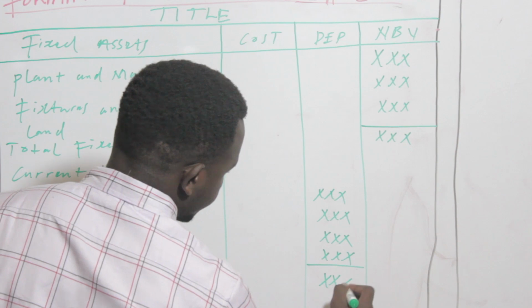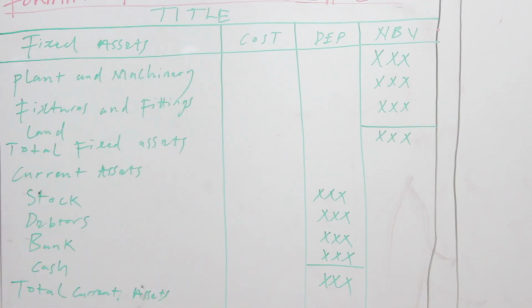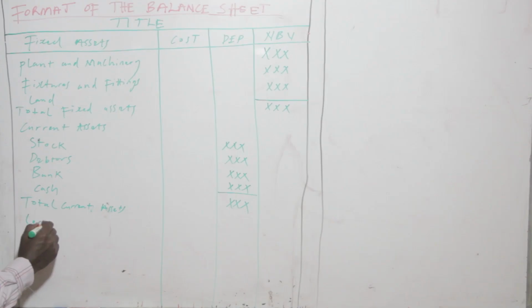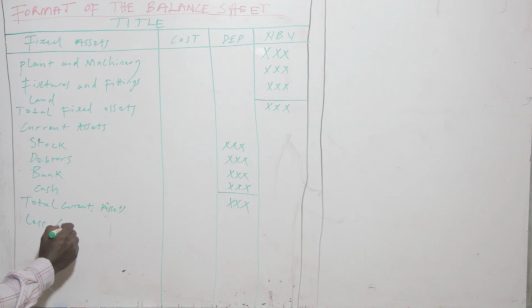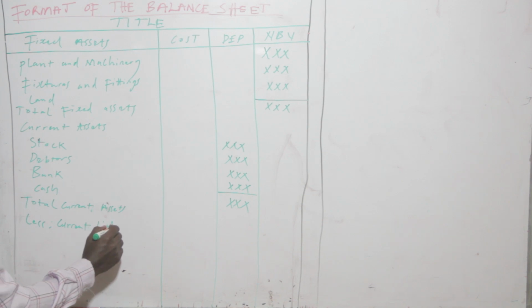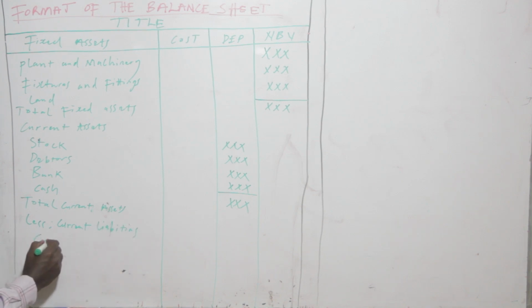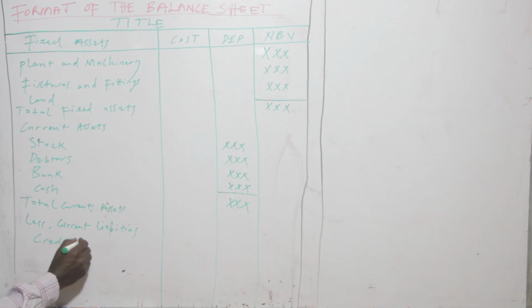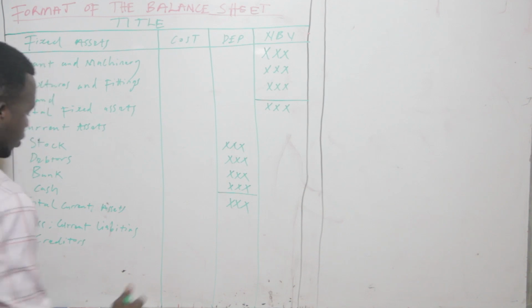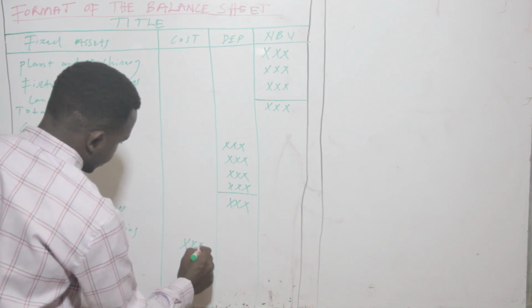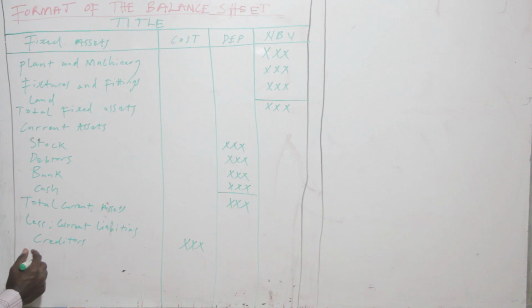Going to put our total here. Then we can say less current liabilities. In liabilities, we can have creditors. Creditors also referred to as account payable. So we're going to have creditors here. Then we are going to have bank overdraft.